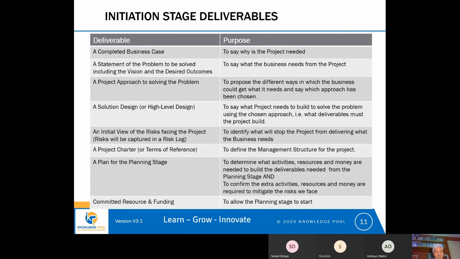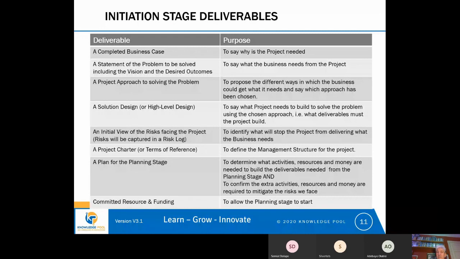And it's during the initiation stage that you would produce what would normally be called either a solution design or a high-level design. And that basically sets out the components that are needed within the solution. So it might say we need a system that's going to do this, and we need another system that's going to do that, and the two systems are going to talk to each other and exchange this sort of data.